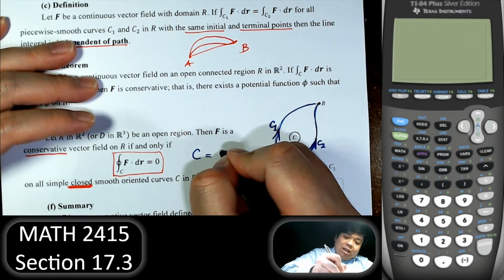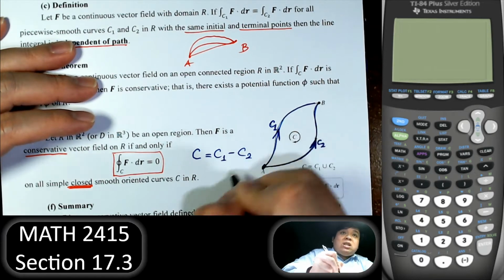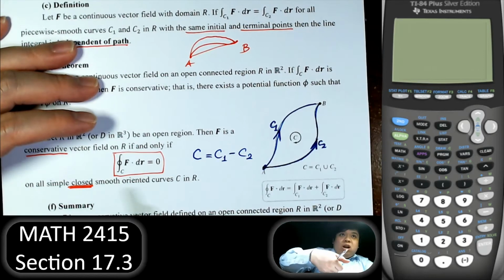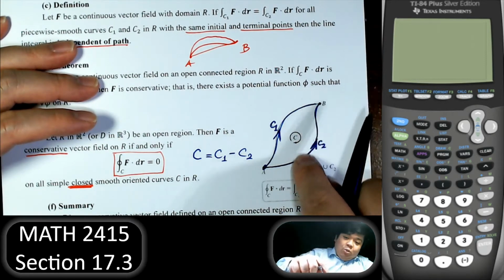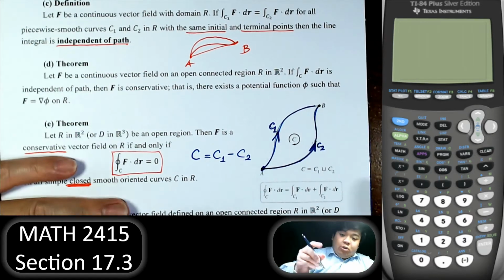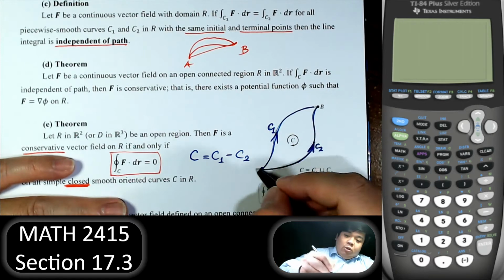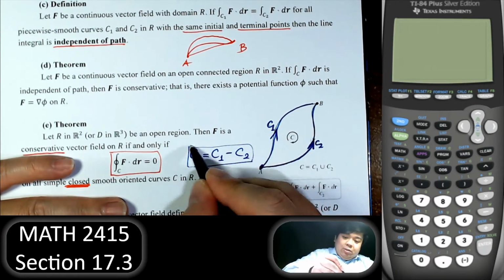So in that case, we can say C is C1 minus C2. Why is that minus C2? Because C2 is going that direction. If you want that to go this way, we have to turn that to subtract. So if we want to reverse that, we go C1 minus C2. So C is equal to that.